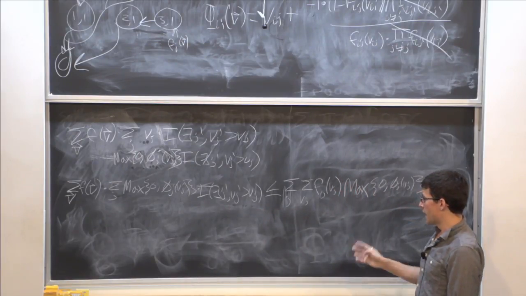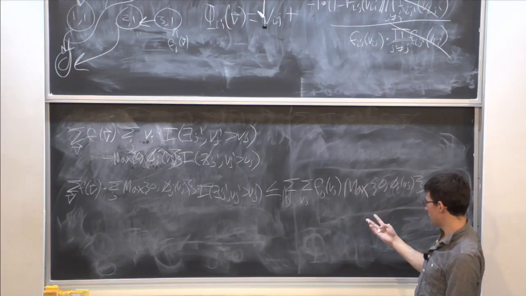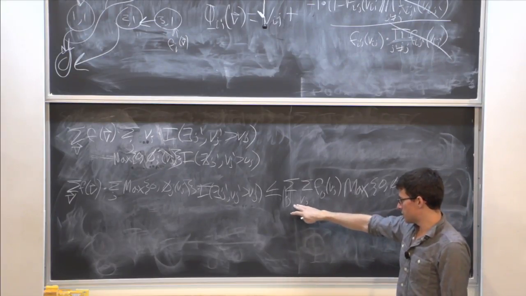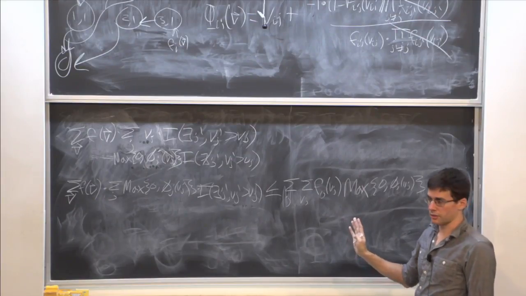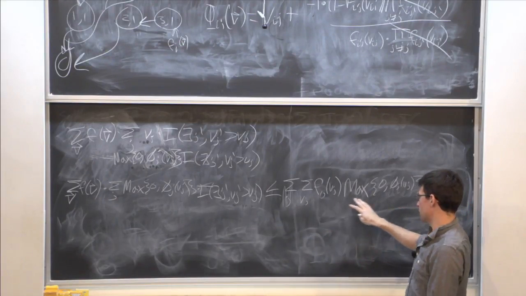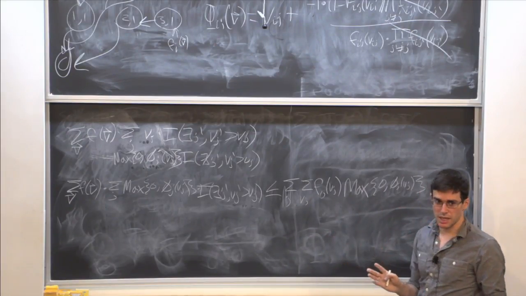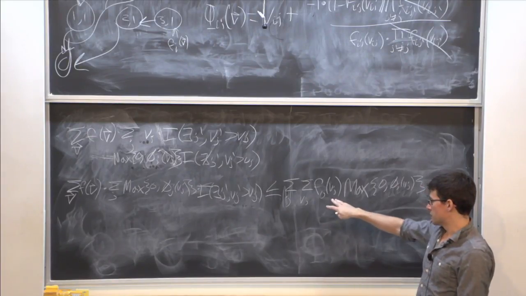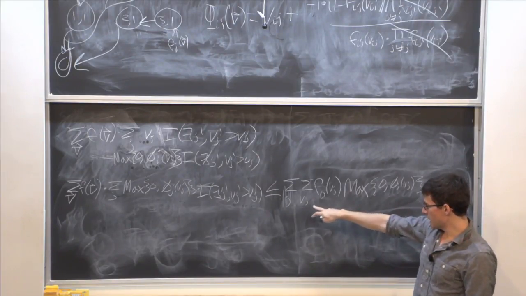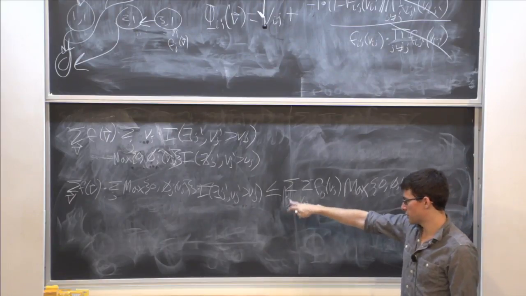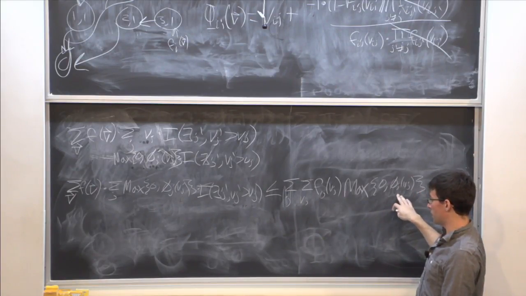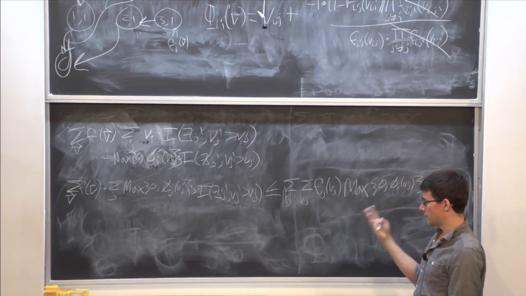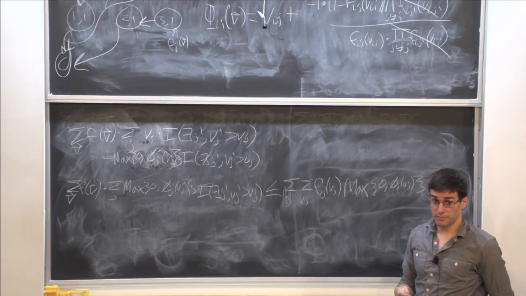Okay? And now the observation you're supposed to make is that this is truly separable across items. For every j, there is no mention of any items besides j in here. This is just saying that this whole term is less than the Myerson virtual value that you can get by selling item j by itself.